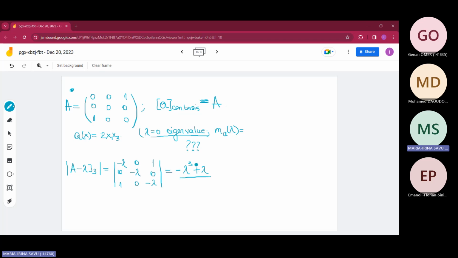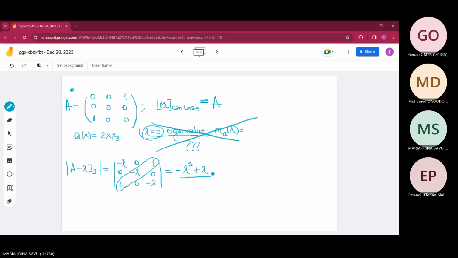So actually, you won't have the eigenvalue lambda equals 0, because you have here 1 and 1, 1 and 1. This element won't be 0. The determinant is minus lambda squared plus lambda because of this secondary diagonal. So you don't have all the eigenvalues equal to 0.